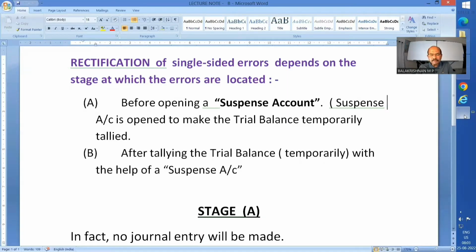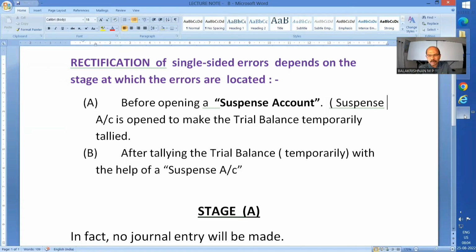Well, rectification of single-sided errors depends on the stage at which the errors are located. Stage A, before opening a suspense account. Suspense account is opened to make the trial balance temporarily tallied. In other words, since the trial balance is not tallied, to move ahead, we manage the show temporarily with a suspense account.